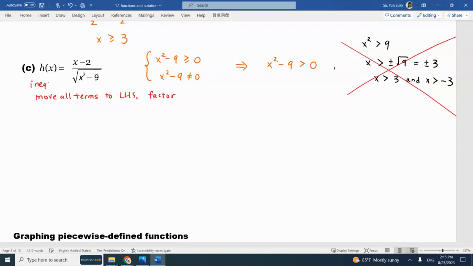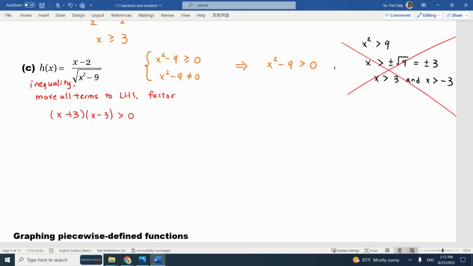When you work with an inequality, you must do that. So we already moved all the terms to the left. When we factor, we get, again, x plus 3 and x minus 3. Right, everybody?